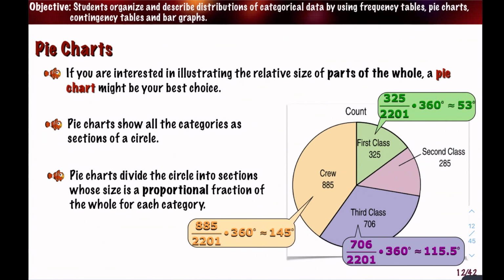Another way of displaying categorical data is with a pie chart. If you're interested in illustrating the relative size of parts of a whole, a pie chart might be your best choice. Pie charts show all of the categories as a section of a circle, dividing the circle into sections whose size is a proportional fraction of the whole for each category.